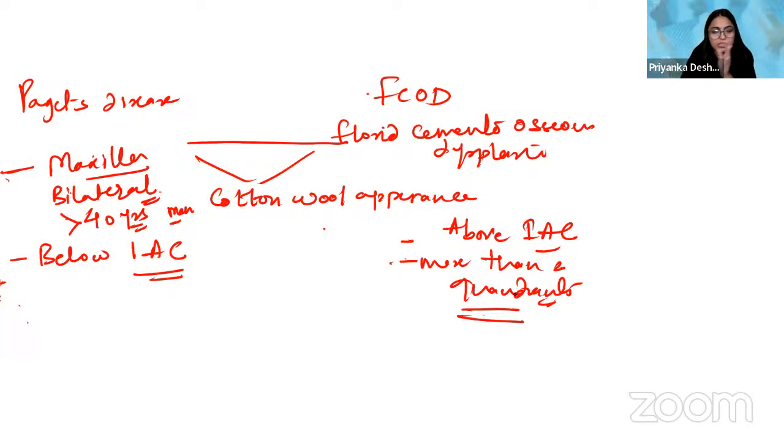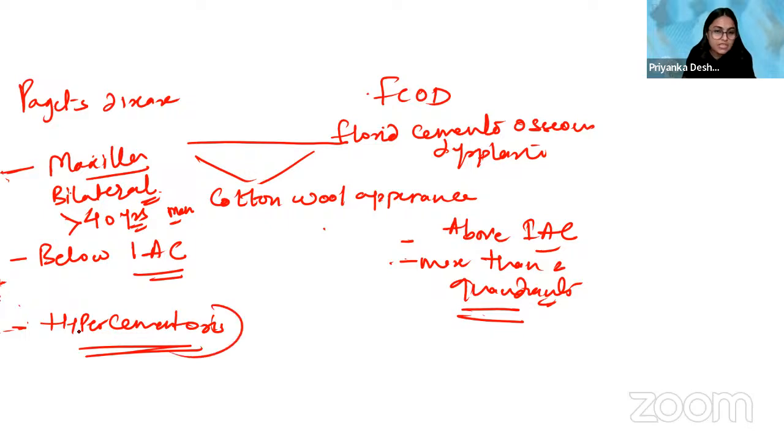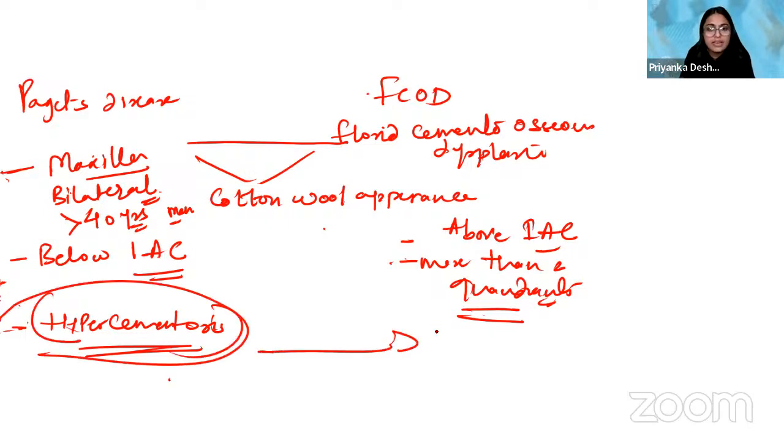So what is the difference between these two? We have discussed it here. Paget's disease also shows more features, which involve hypercementosis. Hypercementosis is seen in Paget's disease, not in the case of FCOD.